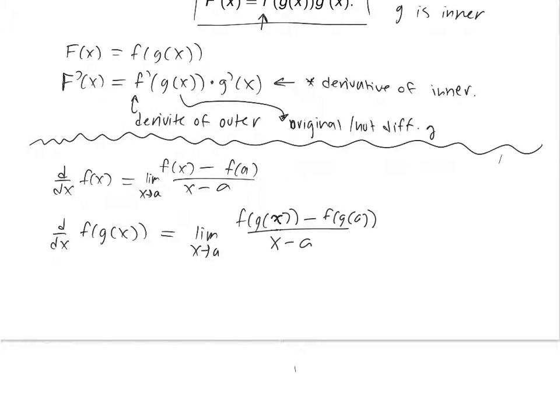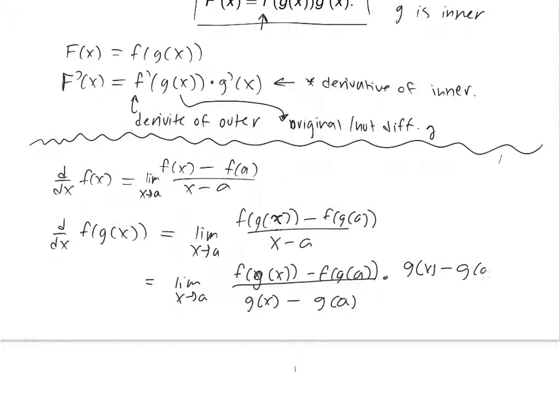Now the clever thing with the proof of the product rule was that we had to add and subtract something. The clever thing with this is you have to multiply and divide by something. You write this as f of g of x minus f of g of a over g of x minus g of a, times g of x minus g of a over x minus a. Do you at least agree that that's true? Is it okay to do that?